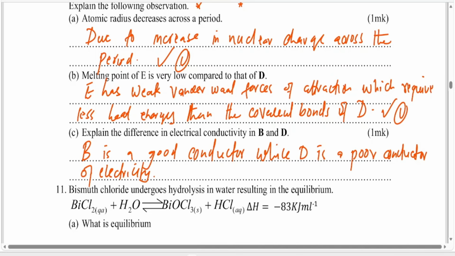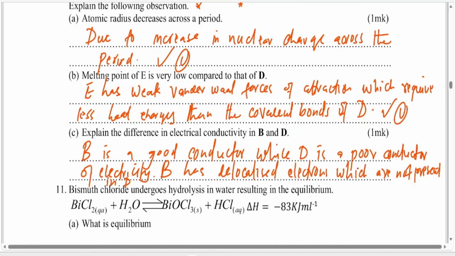Reason that you are going to give, it's because B has the delocalized electrons which are not present in D. This again gives you 1 mark. Stating 1 half a mark, explaining half a mark.